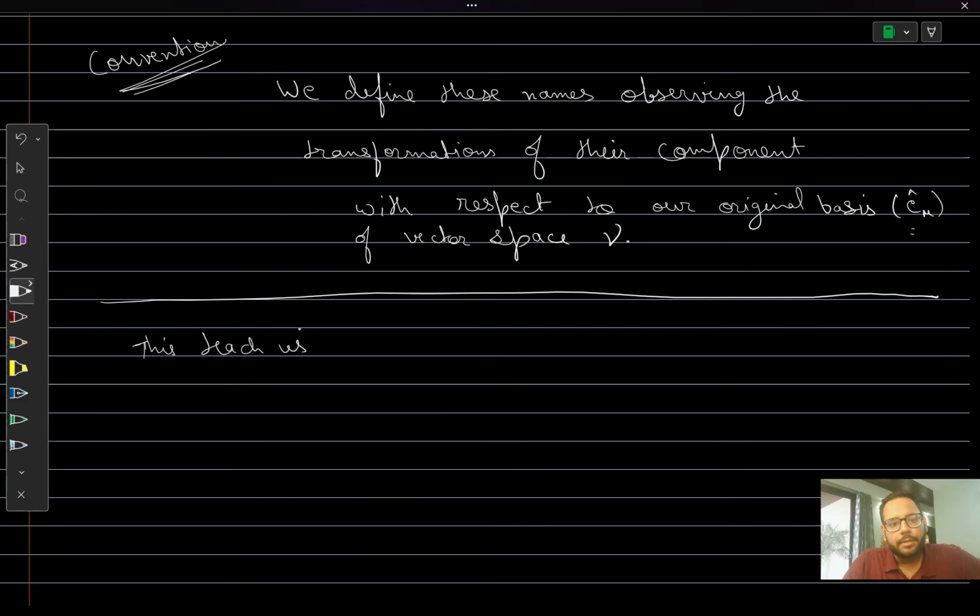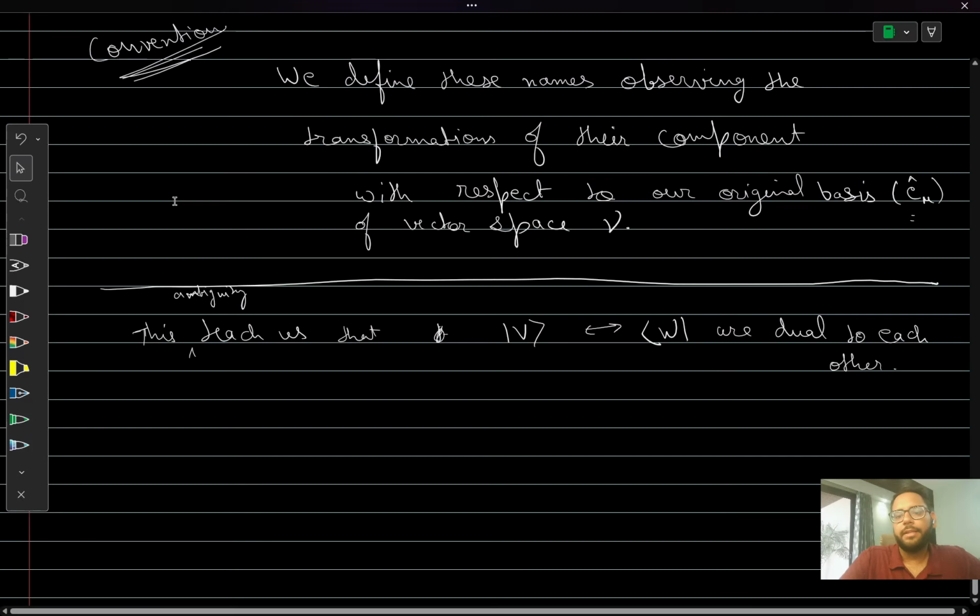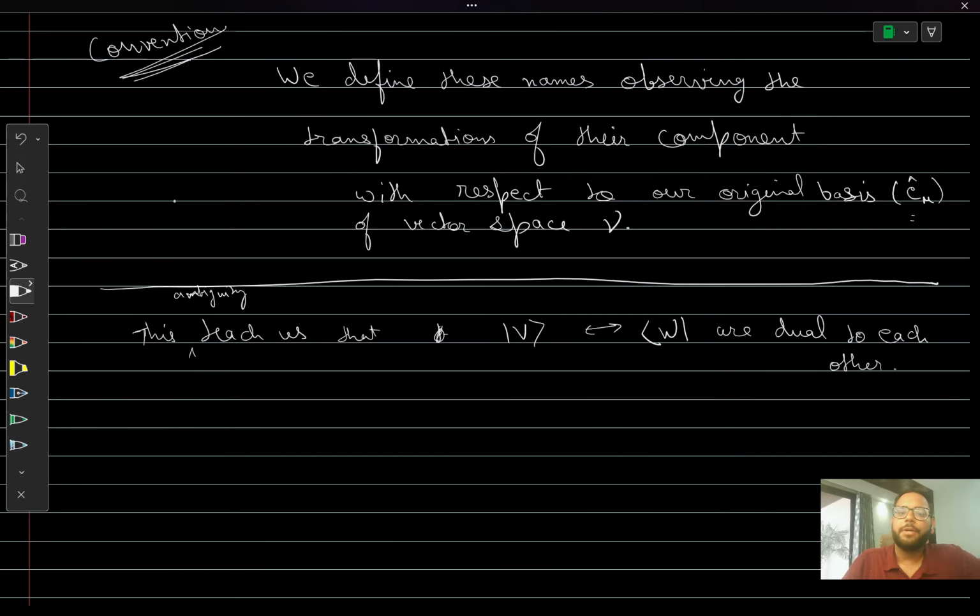This ambiguity, or whatever you want to call it, teaches that these vectors are dual to each other. You can take any one and define them as contravarying, as per your convenience.